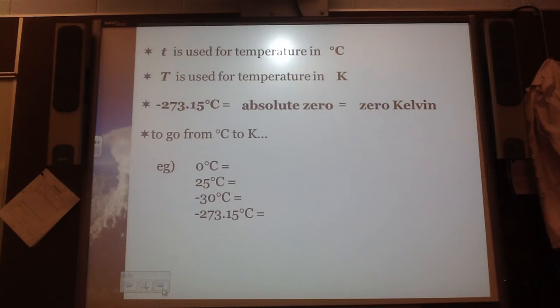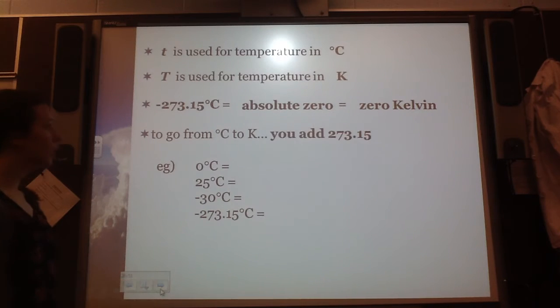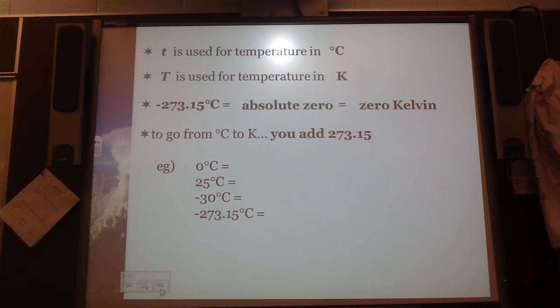You just add 273.15 to go from degrees Celsius to Kelvin. So 0 degrees is 273.15 Kelvin. 25 is 298.15 Kelvin.